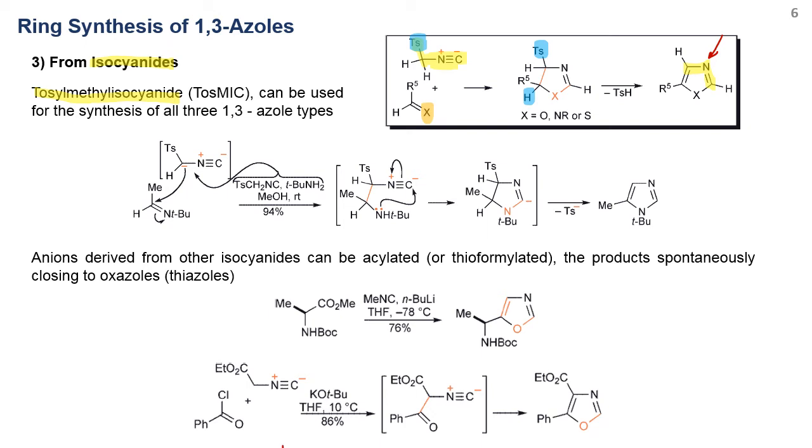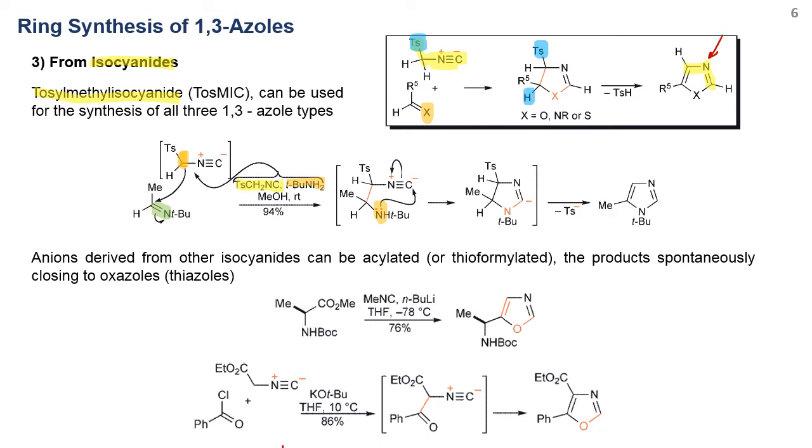If you look at this example, the tosylmethyl isocyanide together with a base can react and remove the proton at the alpha position here. So this can act as a nucleophile to attack the imine, and upon attacking, you are going to form the amine, which is now nucleophilic, and this amine is going to react with the terminal carbon, which has carbene character, as I used to mention.